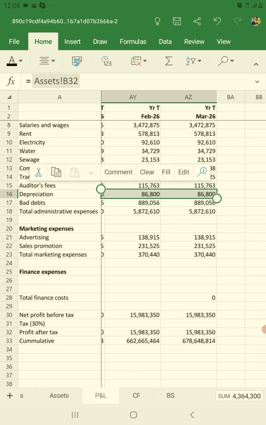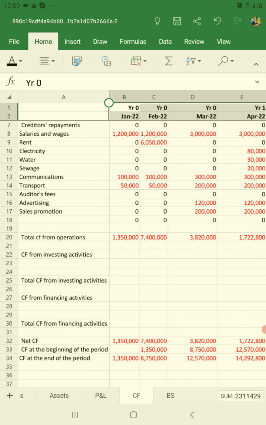The next is on cash. Now on our structure we are going to add particulars for furniture and computers on cash flow from investing activities.